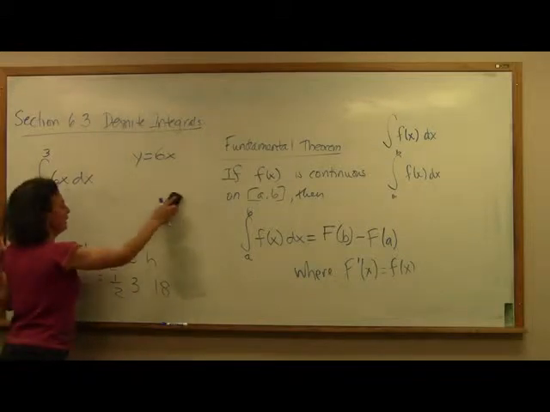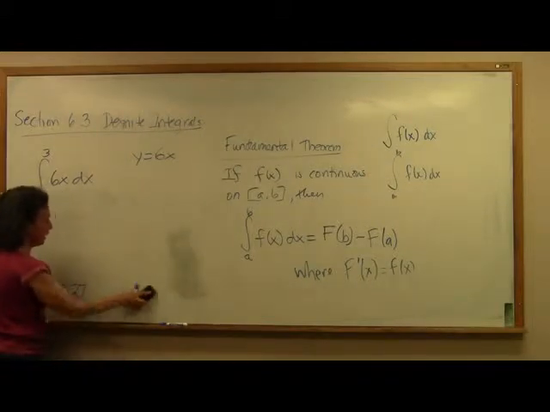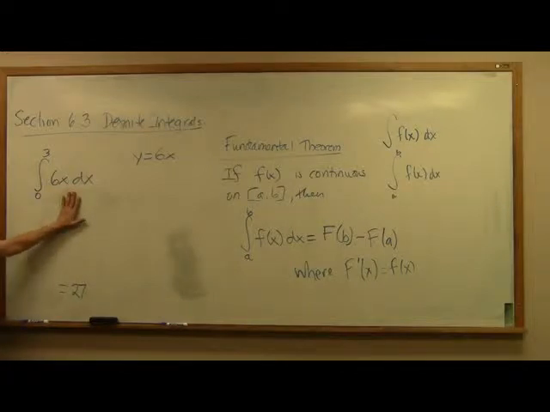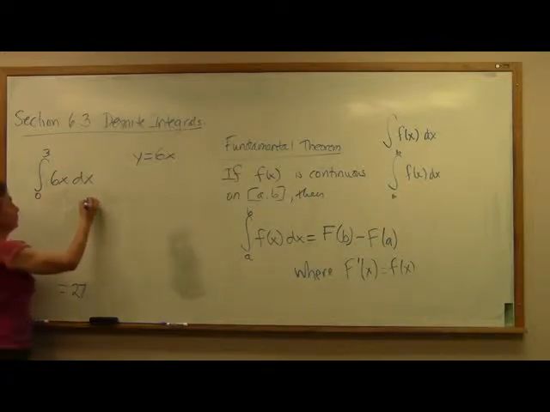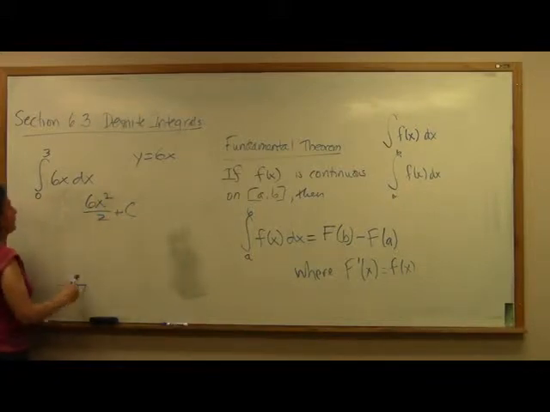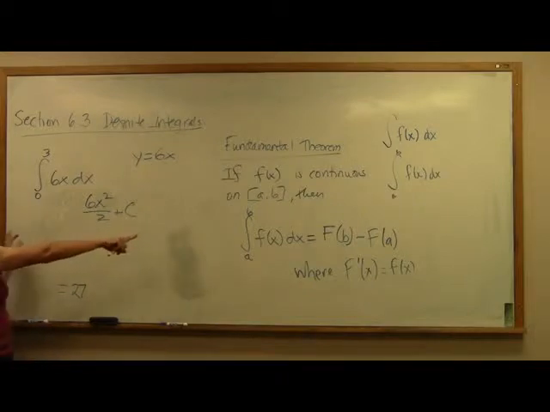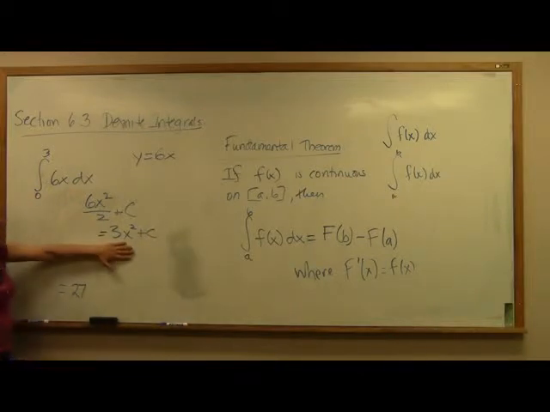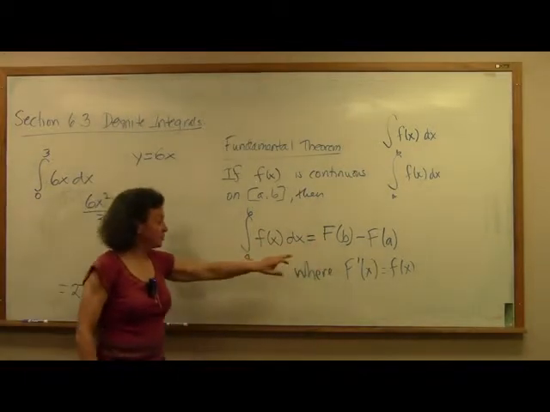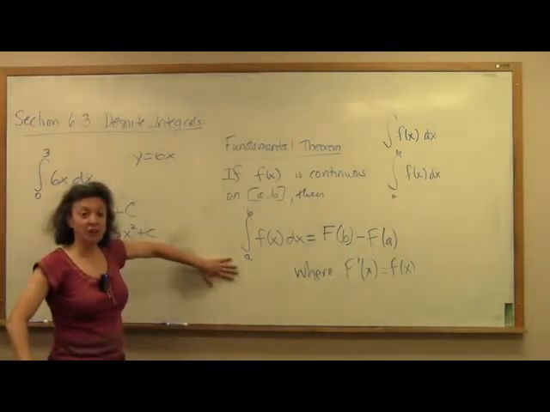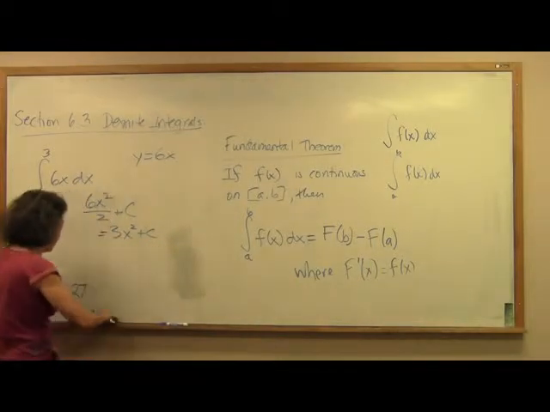I'm going to erase the board and pretend we never did that. When you're computing a definite integral, you still start the same way, by computing the antiderivative, which we know is 6x squared over 2 plus a constant. Now what the fundamental theorem says is that we evaluate that function at our top value and subtract off what we get when we evaluate it at our bottom value.